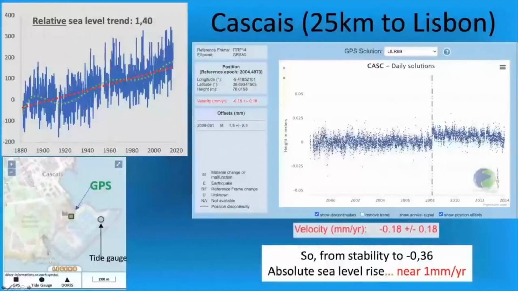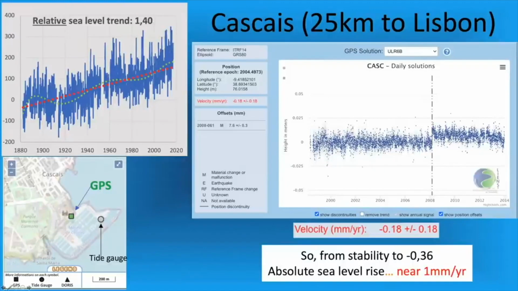But another thing you can see on this SONEL site is the GPS data for some of these tide gauges. For instance, Cascais, the most important tide gauge in Portugal and the longest on the Iberia. You can see the tide gauge here and the GPS is here. So they are nearby. The GPS gives one idea of a going down of the land.